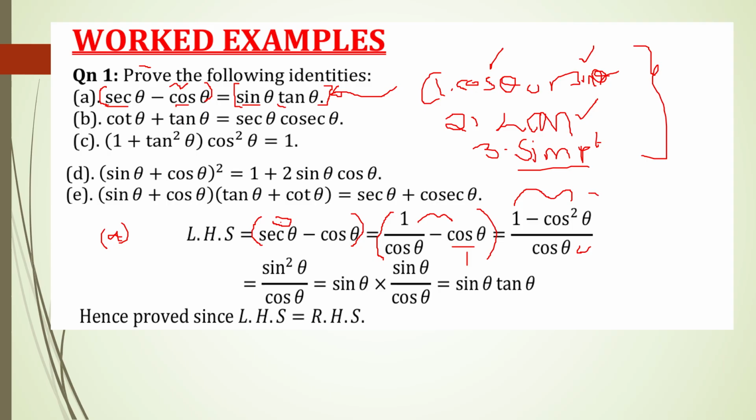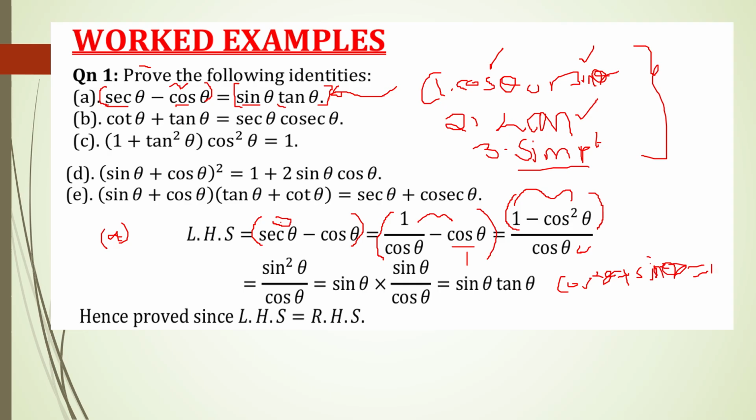But remember the first identity. In the first identity, we told you that cos squared theta plus sine squared theta is the same as 1.